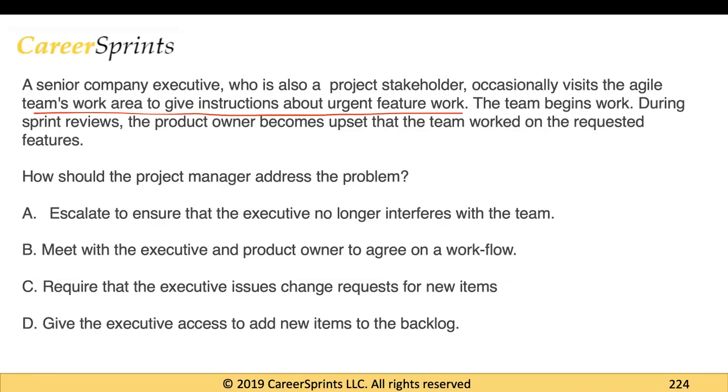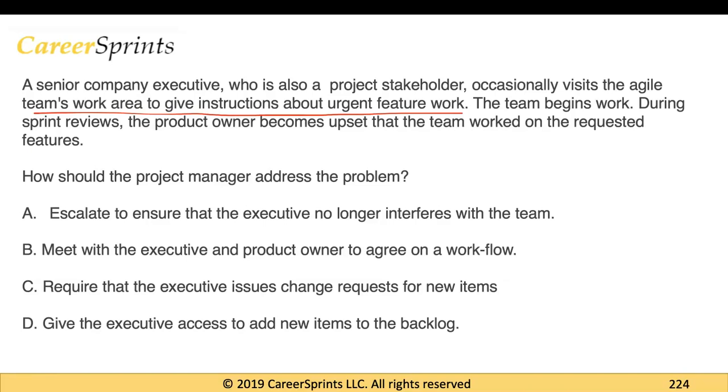So the product owner serves as the conduit. What has happened is that during the review, the product owner has become upset that the team is working on these features, and they're asking how the project manager should address the problem. So the general idea here is that the stakeholder should reach out to the product owner. So we are trying to look at an option where the product owner and the stakeholder can work together.